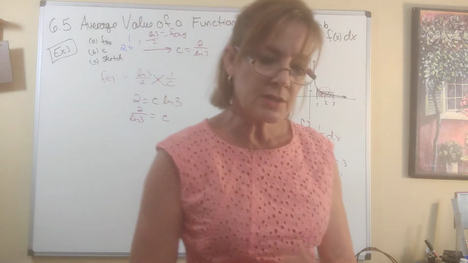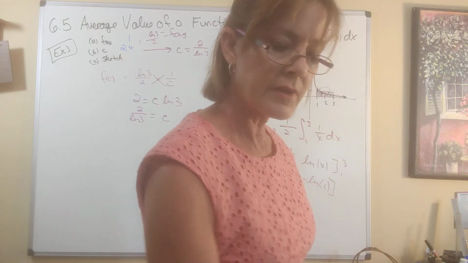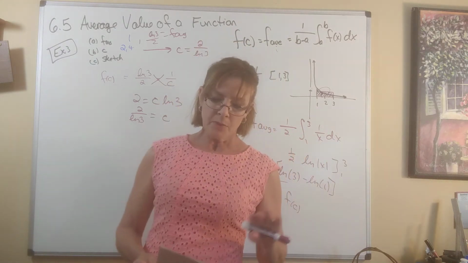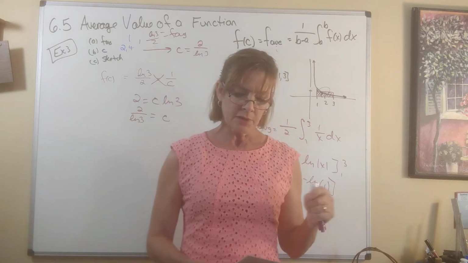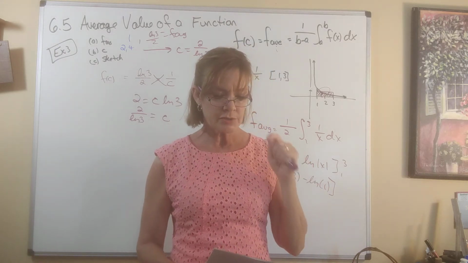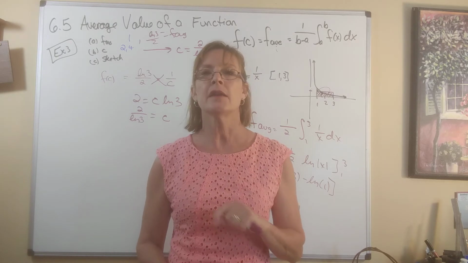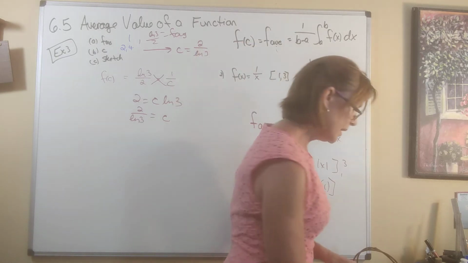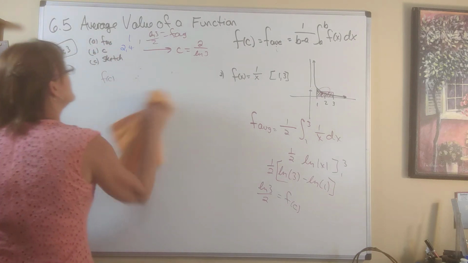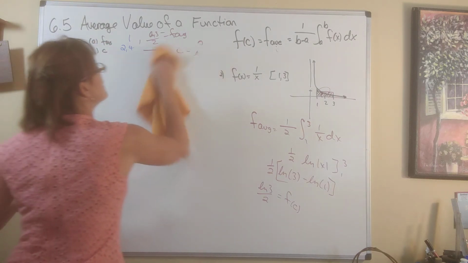It says, in a certain city, the temperature in degrees F, t hours after 9 a.m., was modeled by the function T of t is 50 plus 14 sine of pi t over 12. Find the average temperature during the period from 9 a.m. to 9 p.m. So, if we need to find the average temperature, that is the average value, so we can do it.